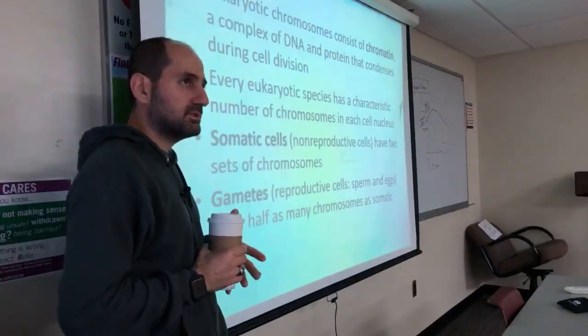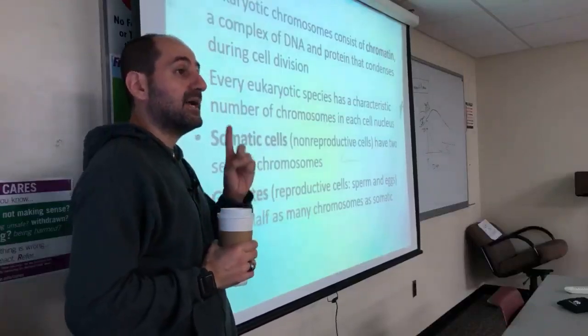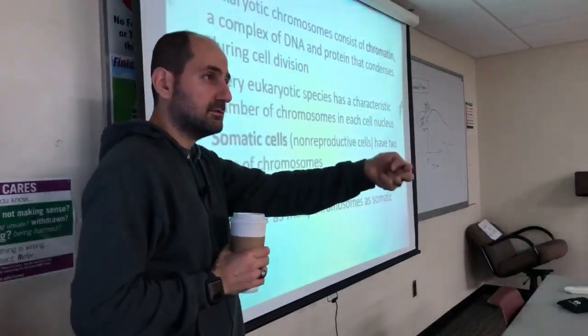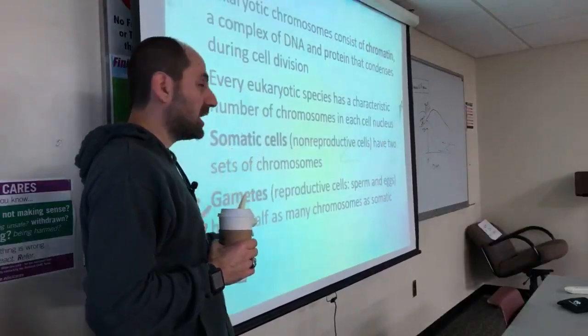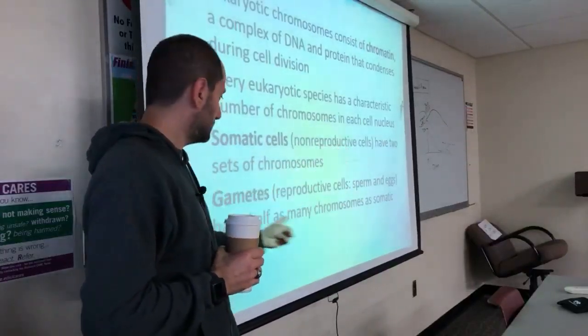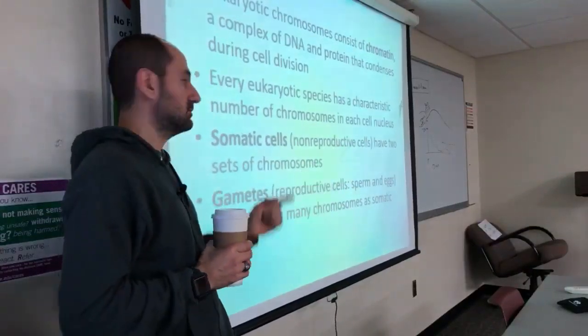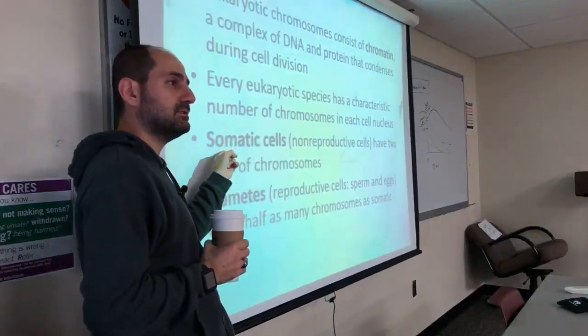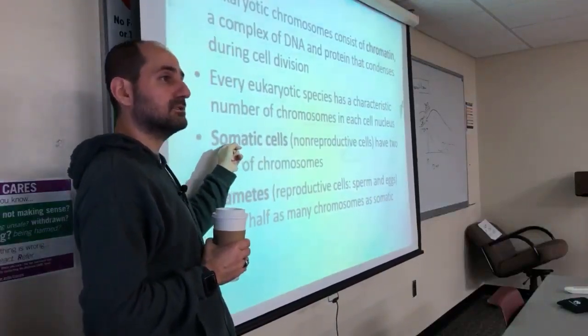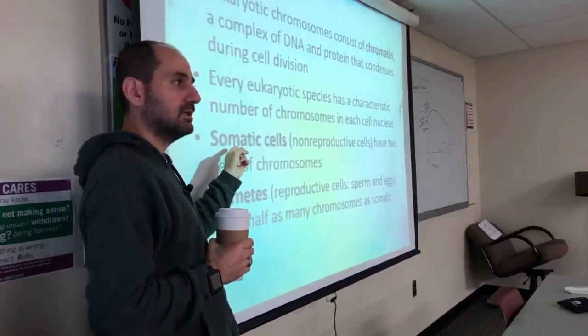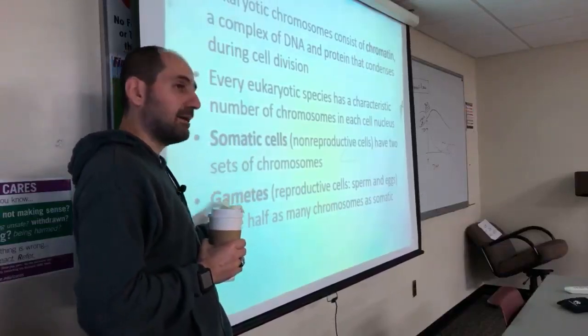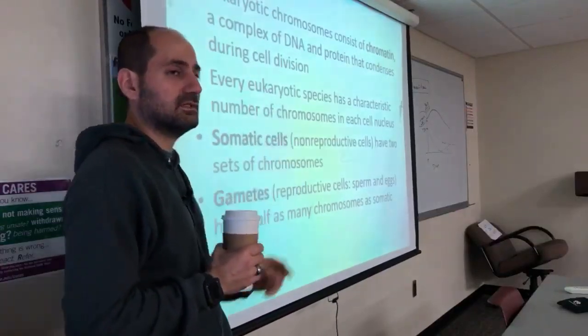Gametes are the reproductive cells. Mitosis results in somatic cells. Meiosis results in gametes, sperm and the egg. Somatic cells are diploid, which means two homologous sets of chromosomes. Gametes are haploid, one set of chromosomes.